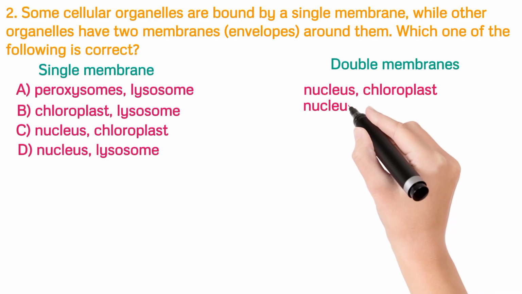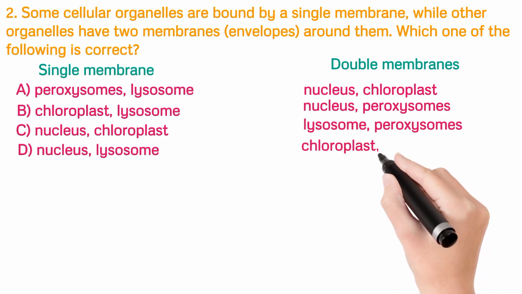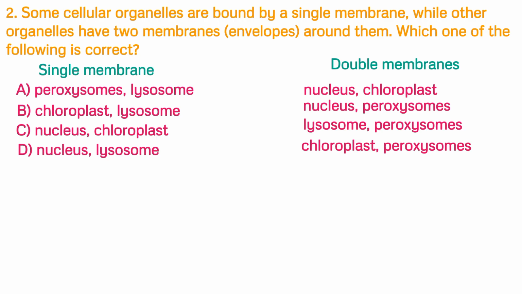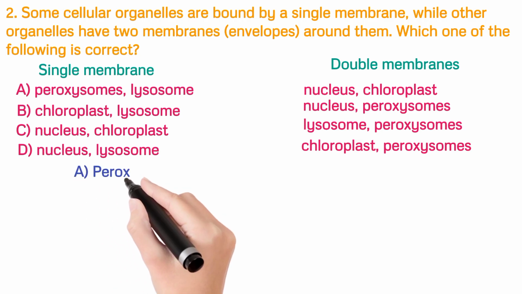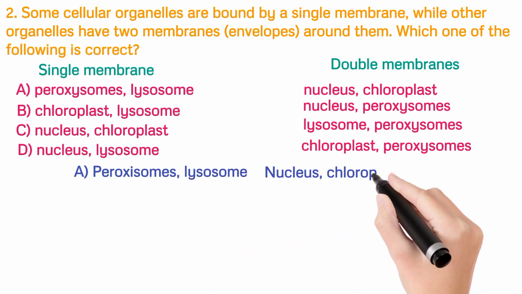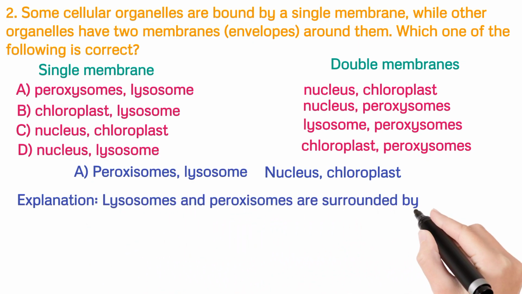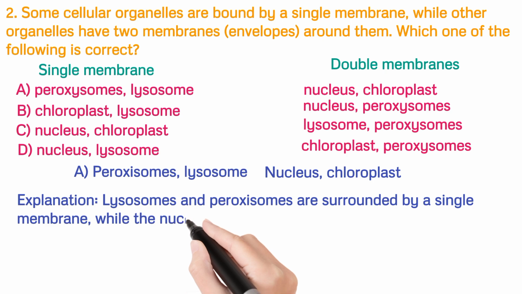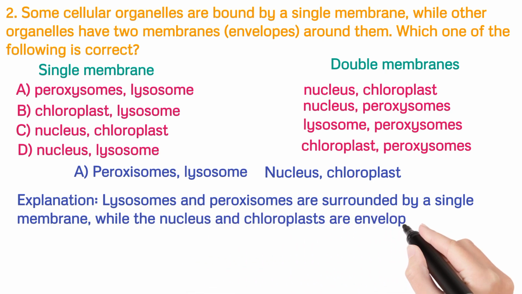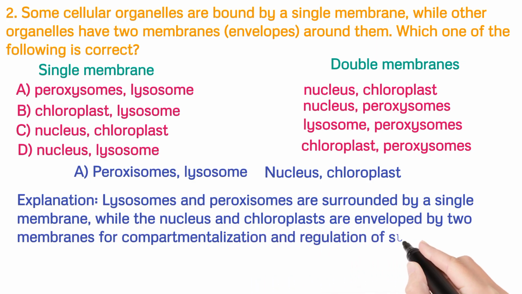Nucleus, peroxisomes. Lysosome, peroxisomes. Chloroplast, peroxisomes. And the correct answer is single membrane. A. Peroxisomes, lysosome. Double membranes. Nucleus, chloroplast. Explanation. Lysosomes and peroxisomes are surrounded by a single membrane, while the nucleus and chloroplasts are enveloped by two membranes for compartmentalization and regulation of substances.